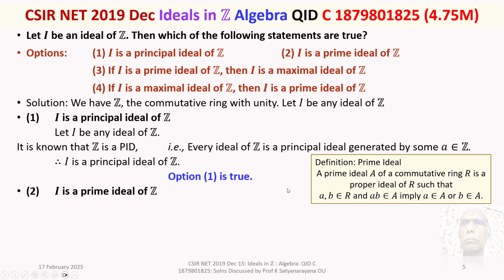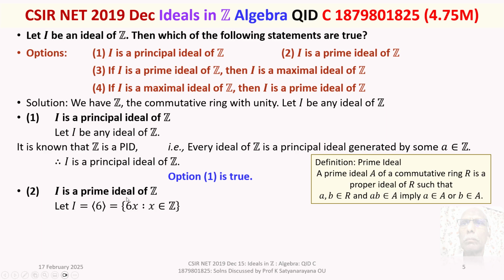To be a prime ideal, it must be a proper ideal, and the condition is whenever a, b belong to R and the product ab belongs to the ideal A, it implies a belongs to A or b belongs to A. We consider I to be the ideal generated by 6, the principal ideal.